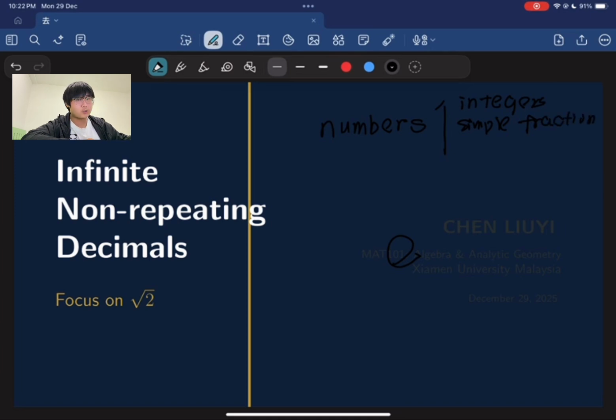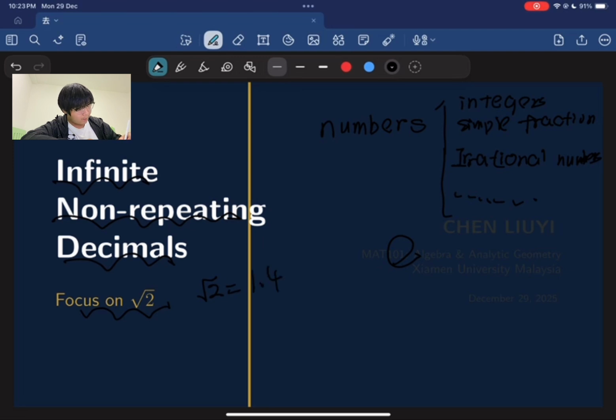But the true mystery of mathematicians lies in the world of irrational numbers. Today, my topic is infinite non-repeating decimals, like the square root of 2. We will focus on this number.